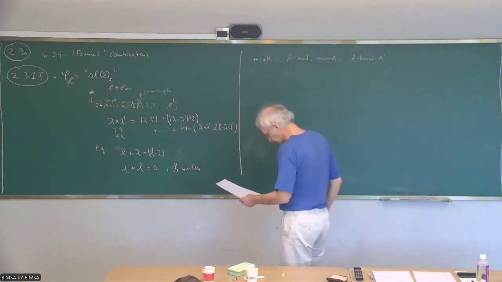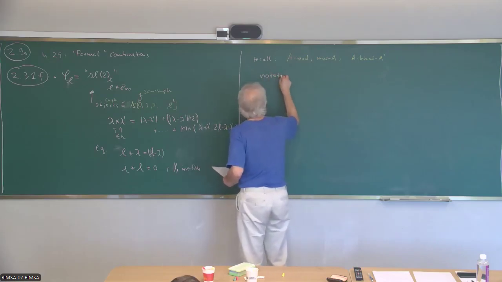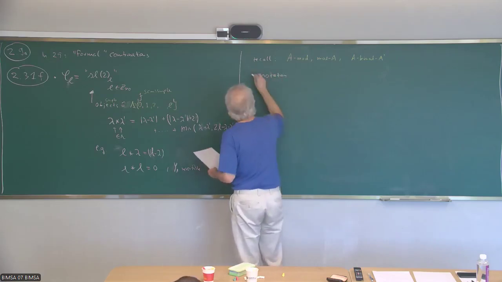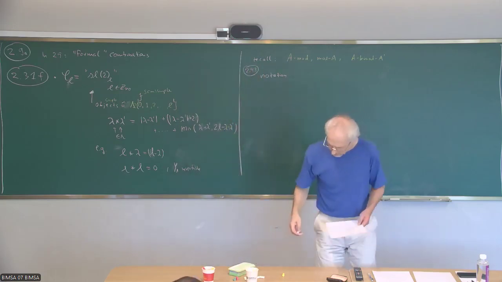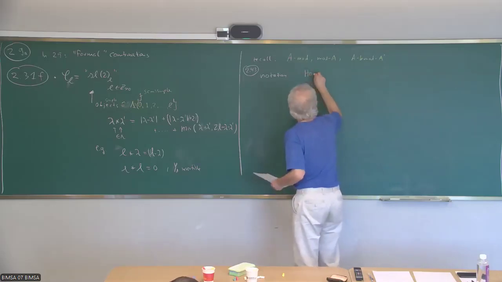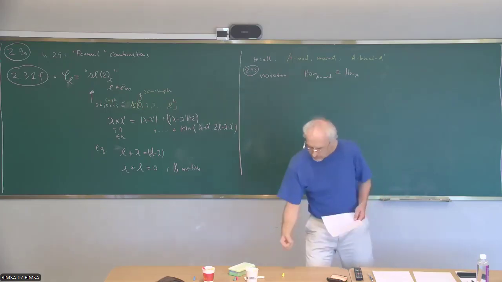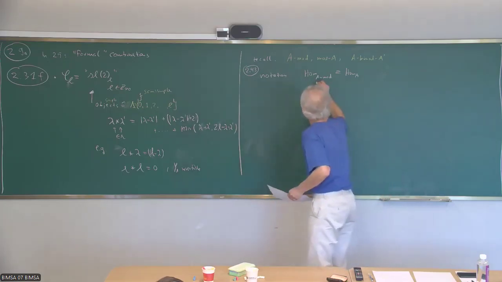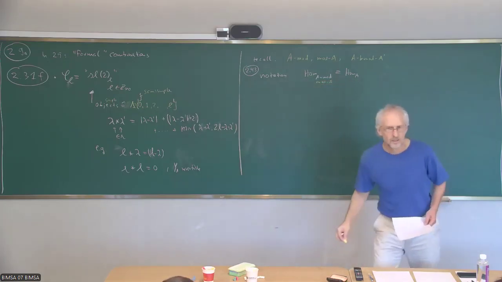It is, of course, just checking the definitions. And then the next point will be to use some notation, which I will very often use. Instead of writing Hom_A-mod, I will just write Hom_A. And also instead of using Hom_mod-A, I will use the same symbol.